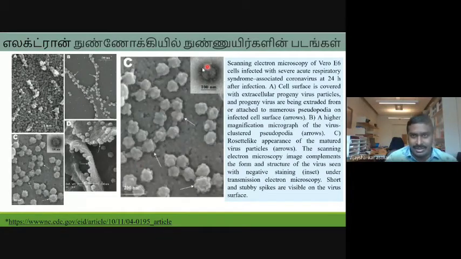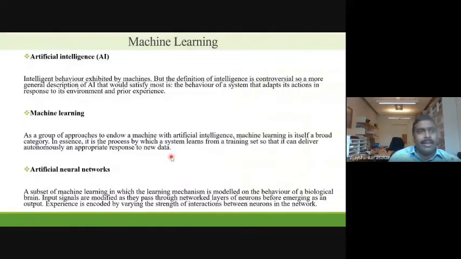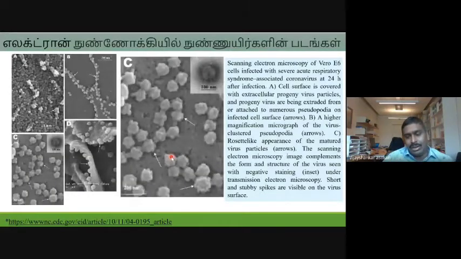That's an inset. This inset is from transmission electron microscopy, imaged from the coronavirus infected cell after 24 hours. So this is how the transmission electron microscope is used for biological applications.